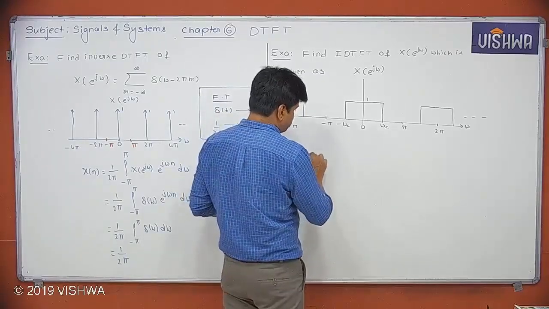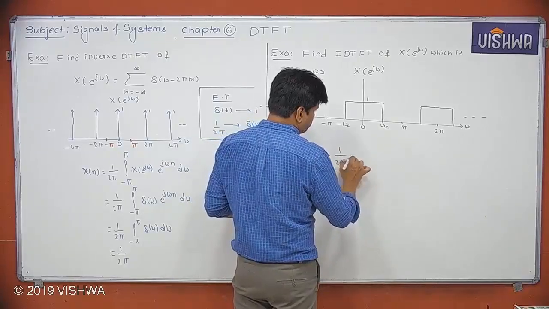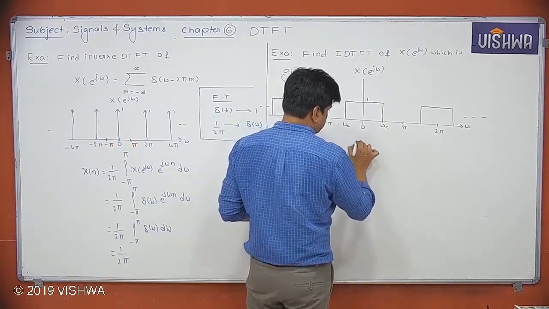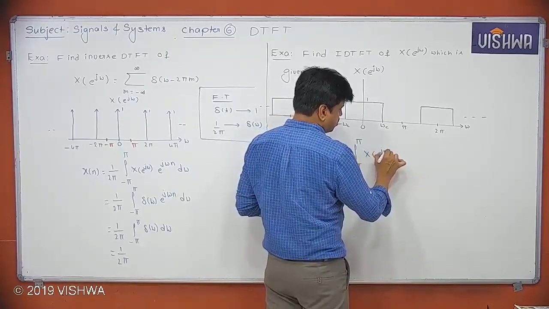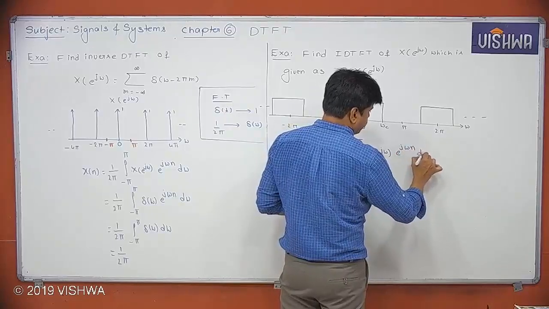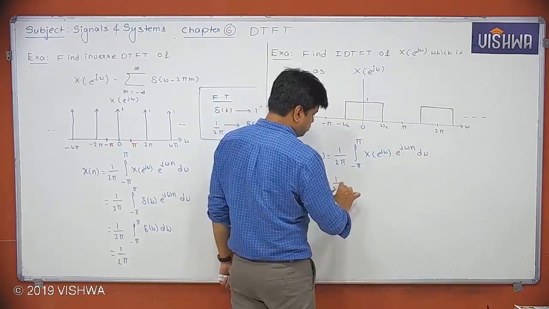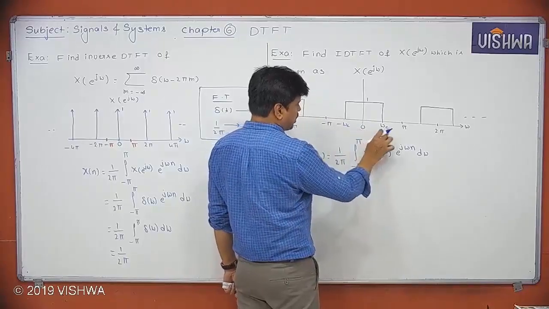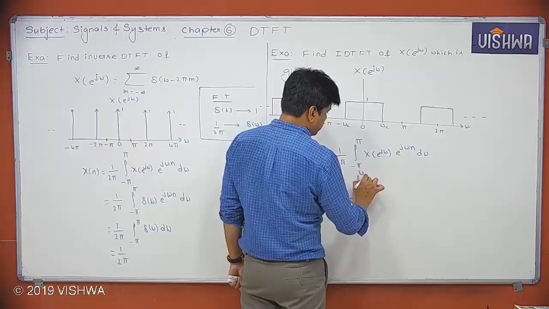x of n has the formula we just saw: 1 by 2 pi, integral from minus pi to pi of x of e power j omega, e power j omega n, d omega. Here it is 1 by 2 pi, because it exists from minus omega c to plus omega c.